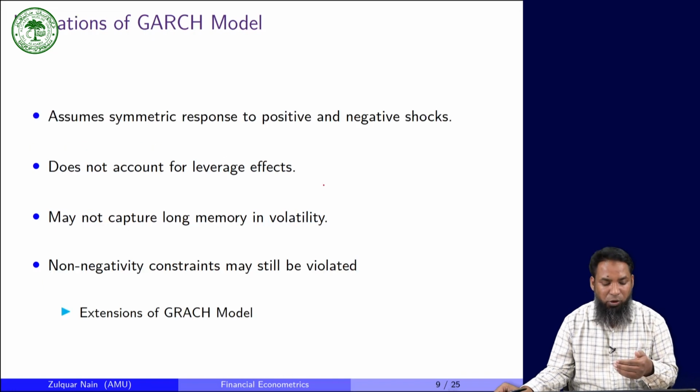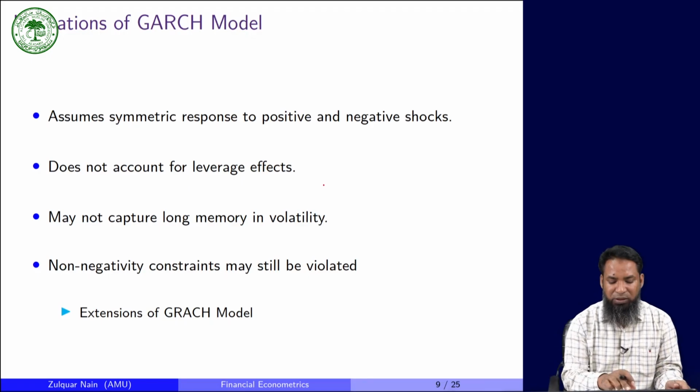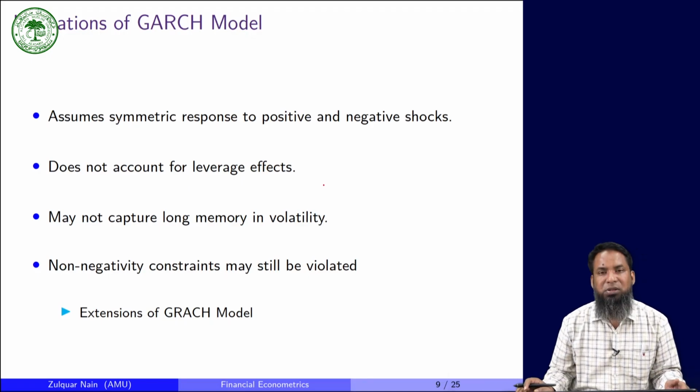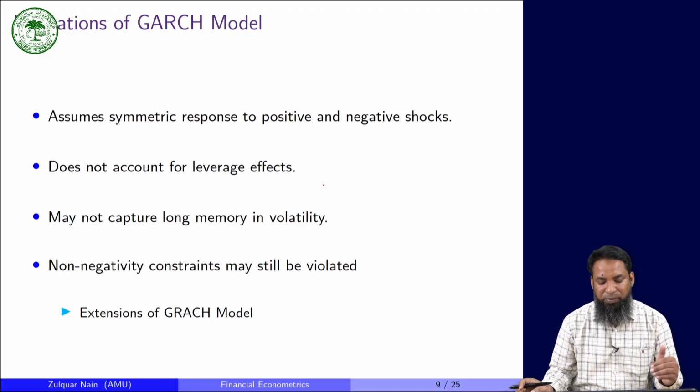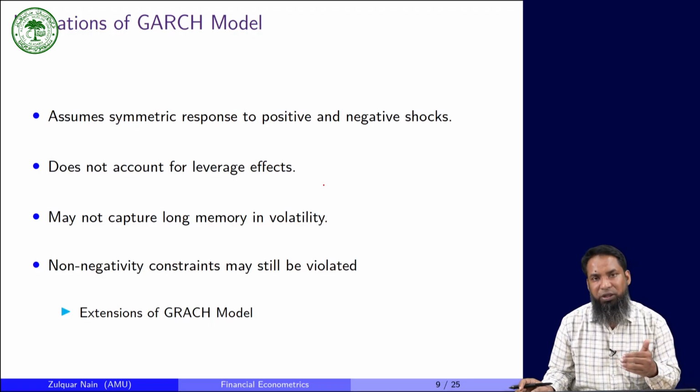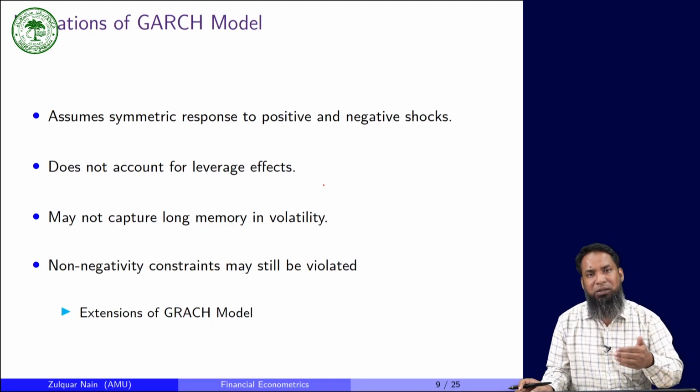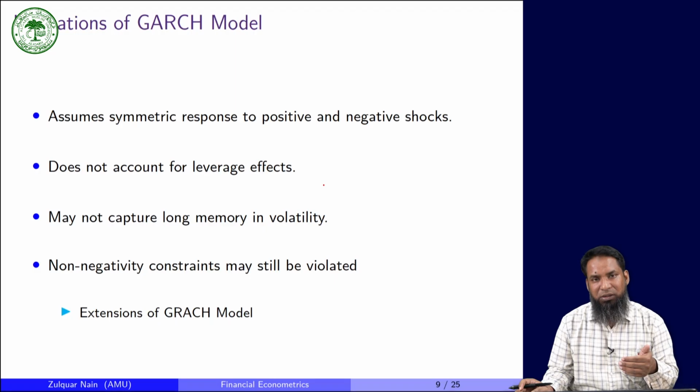However, there are certain drawbacks or limitations we have. First, it assumes a symmetric response to positive and negative shocks. That means a positive change will have the same impact as a negative change. It does not consider the sign of the change, but only the magnitude of the change.